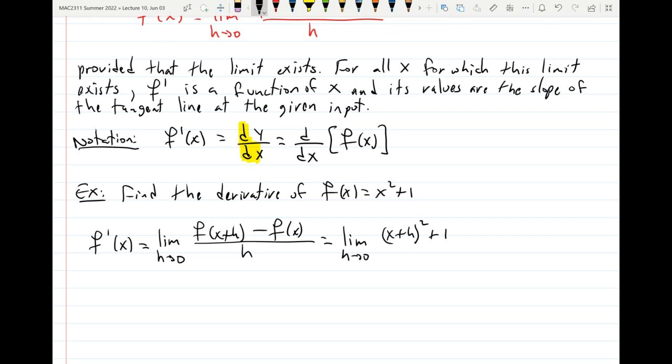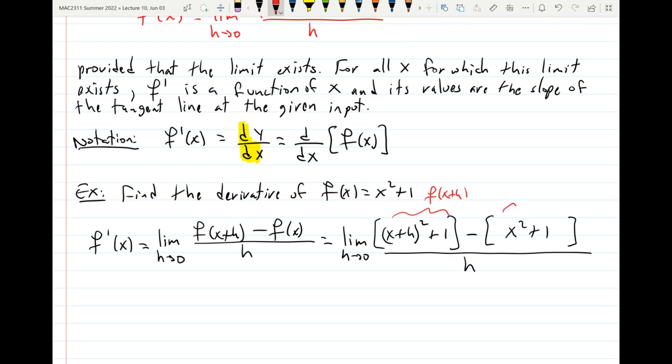So this is f of x plus h, let me put it like this so you can see, and minus f of x. So f of x is just x squared plus 1, divided by h. This piece right here is our f of x plus h, and this one here is our f of x part. Now let's simplify.